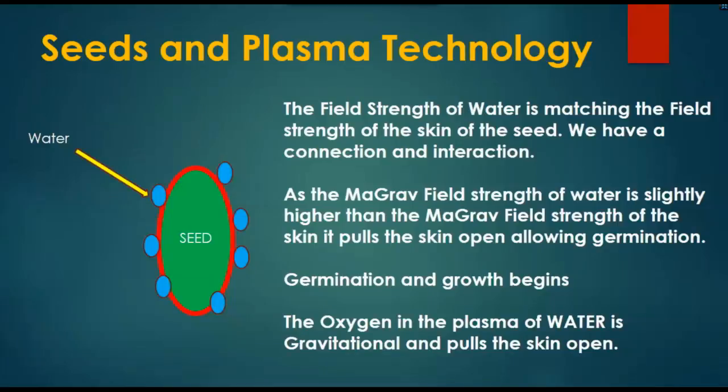So when we look at the water itself, composed of H2O, two hydrogens and one oxygen, we know that the oxygen plays the role of the gravitational, and it's the one that pulls open because it's highly gravitational. It pulls and opens that skin, so it's able to peel through the seed layer and get access inside.